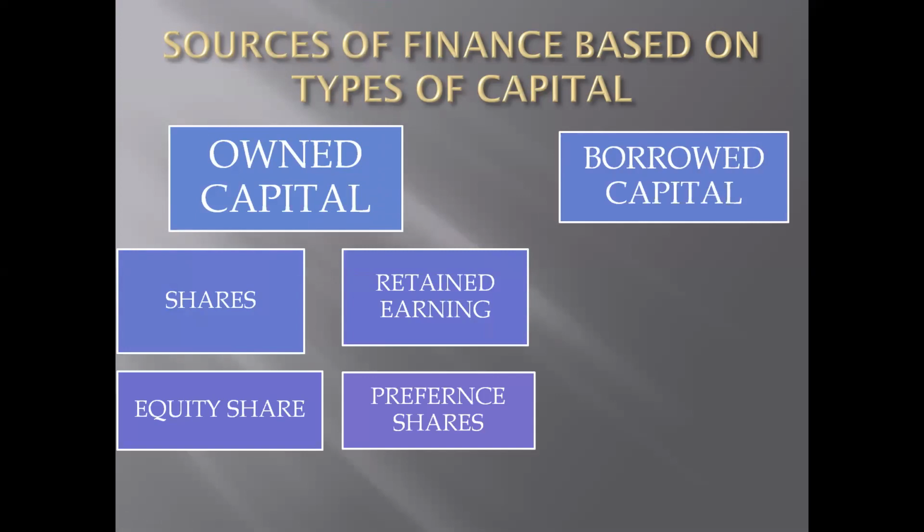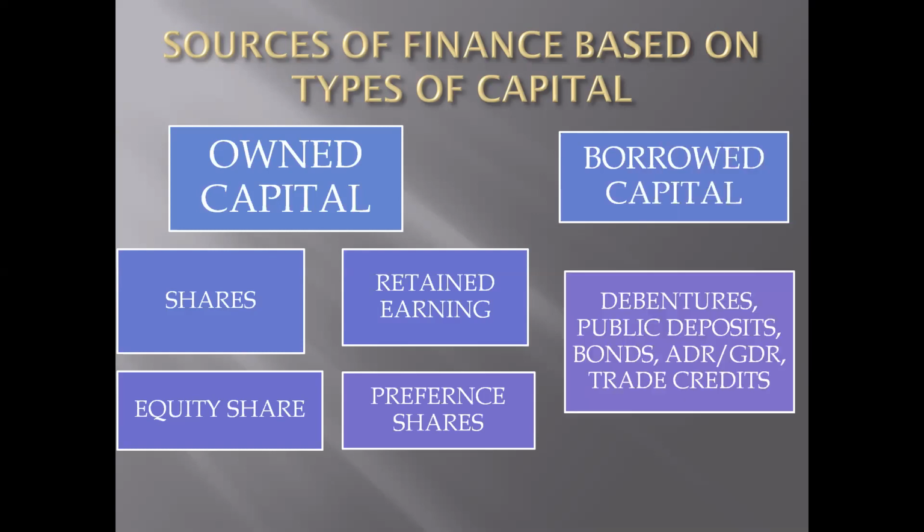The borrowed capital means the loans, that may be debentures, bonds, ADRs, that is American Depositary Receipts, and Global Depositary Receipts, GDRs. These all are the trading credit issued by the company for raising the capital.